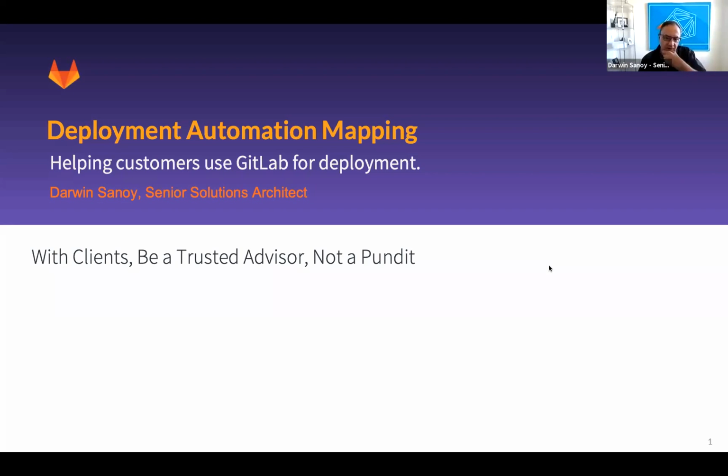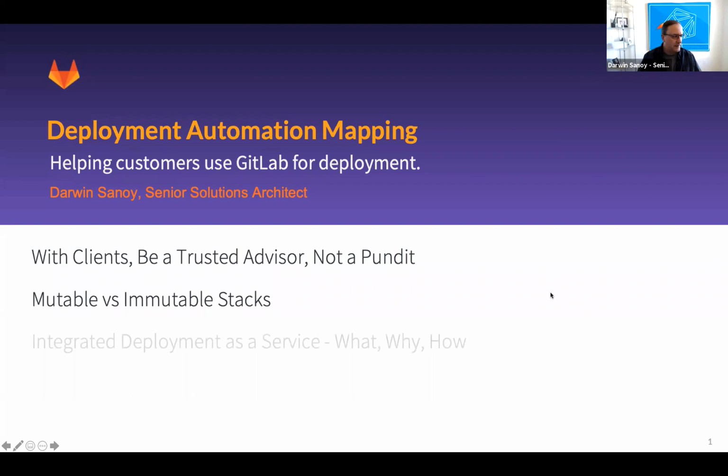All right, so just quickly, a heads up on the agenda. We'll go through being a trusted advisor, not a pundit. I think it's important in this area to understand where GitLab's strengths are and where it trails off. Also, we're going to talk a little bit about mutable versus immutable stacks, what they are and how they came to be.